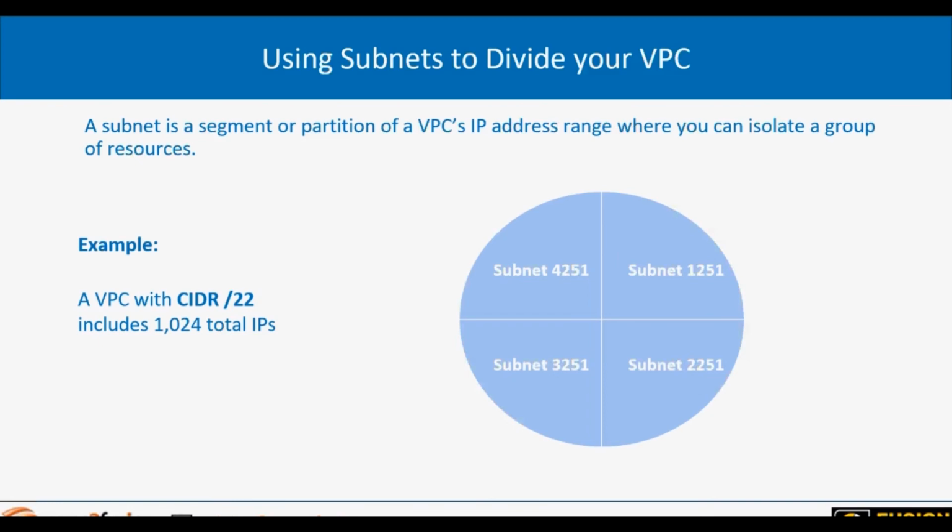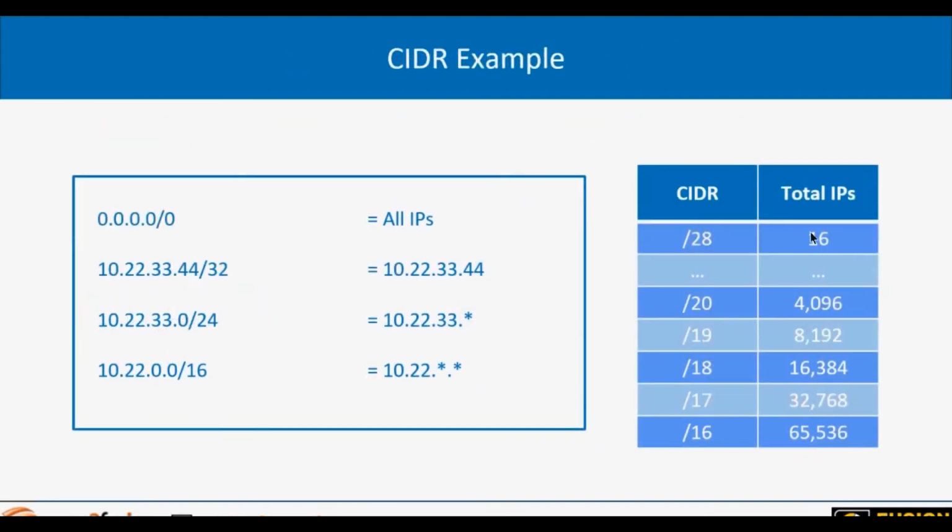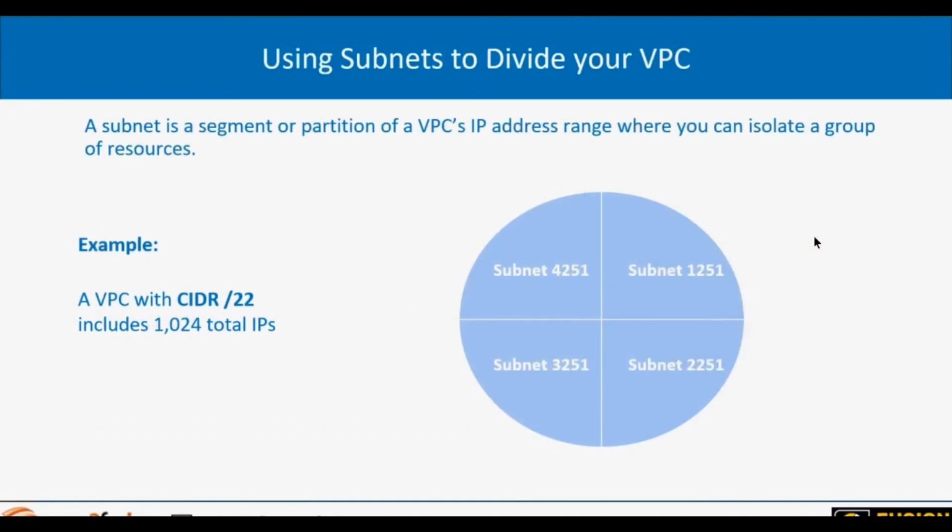That means you will get some number of IPs. For example, if you take this /28, you will get 16 IPs. That means you can create 16 hosts or 16 resources. After 16, if you create a 17th resource, your IPs will be exhausted. You have to create another VPC.